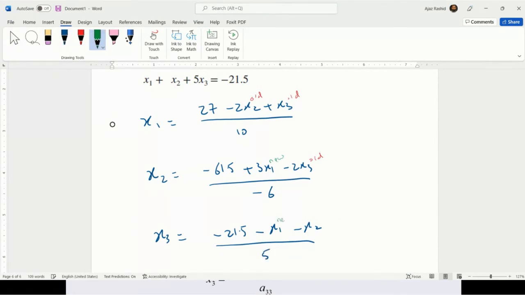And both of them will use the new values because we have the new values available. So that's the difference between the Jacobi iteration and the Gauss-Seidel iteration. Gauss-Seidel iteration is considered to be an improvement over the Jacobi iteration. Let's take the same initial guess value.